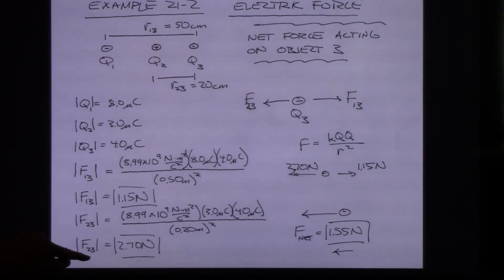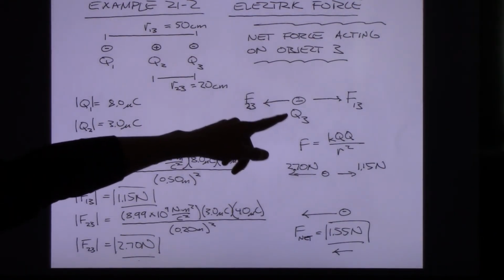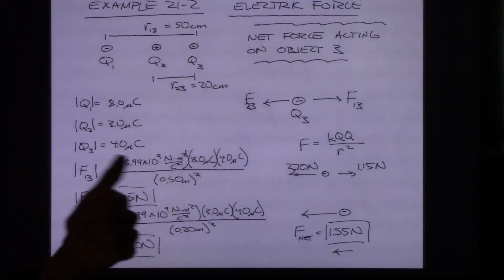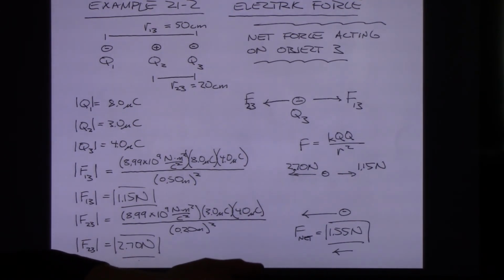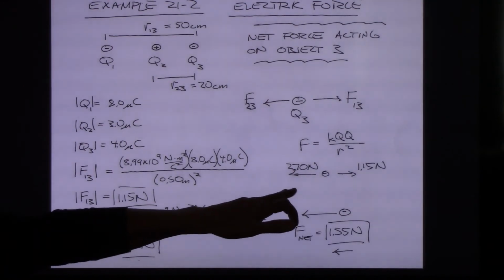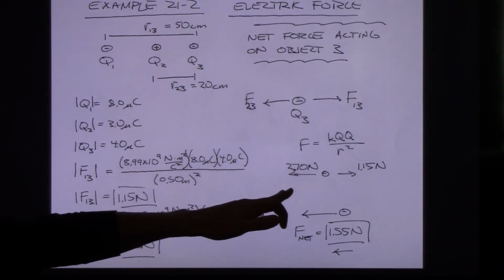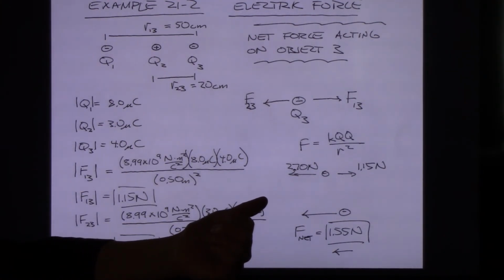And for the force acting between objects 2 and 3, I identified that force as 2.70 newtons. Now, looking at my diagram here, I can see that the 1.15 and the 2.70 are in opposite directions. Object 3 is experiencing both of those forces, but they're oppositely directed.